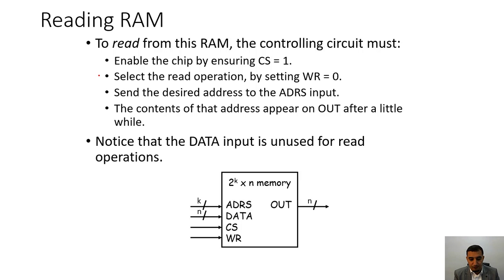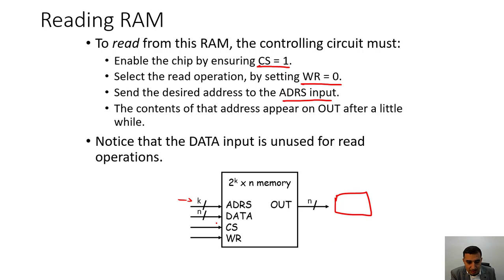Now, in order to read from the RAM, you need to do the following. You need to enable the chip select. You need to enable the read operation by setting WR equal to 0. You need to send the desired address to the address bus over here. You need the contents of the address to be available on the out over here.